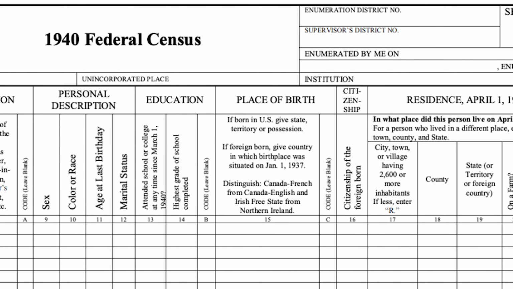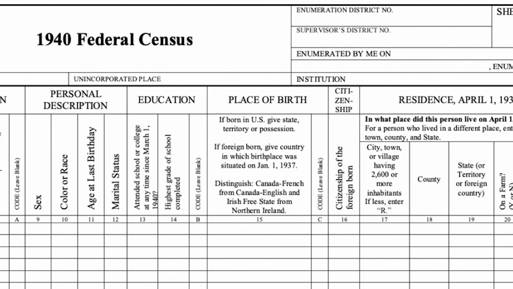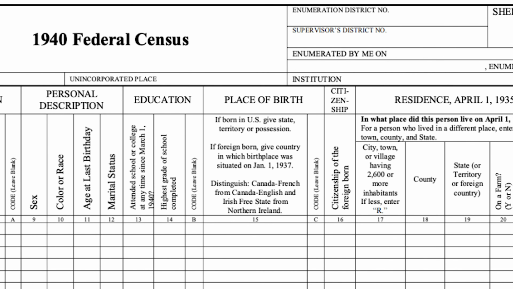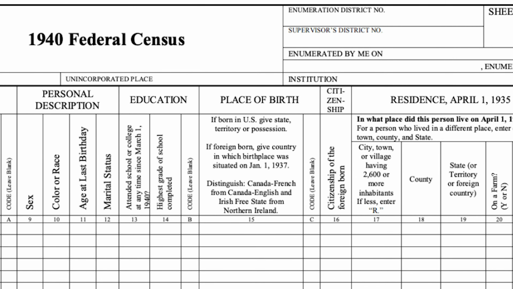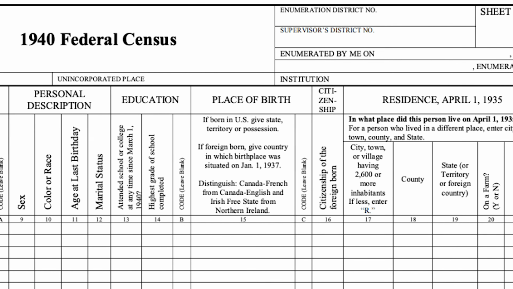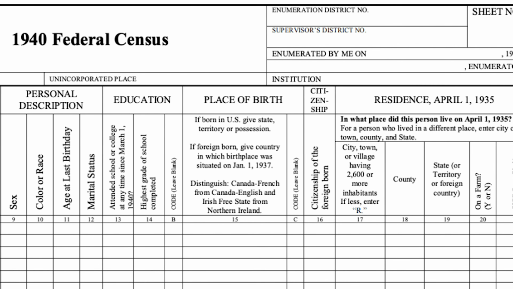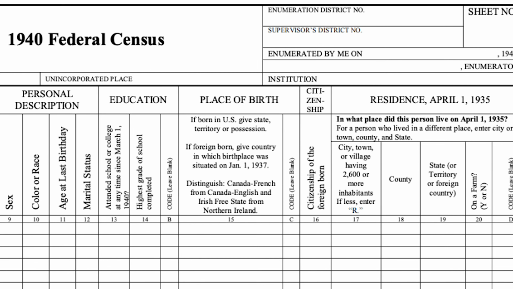Look at the supplementary questions. The 1940 census had a number of interesting supplementary questions that your ancestor may or may not have answered. If they did, you are in great genealogical luck, because the answers to these questions can be extremely informative about your family and its history.